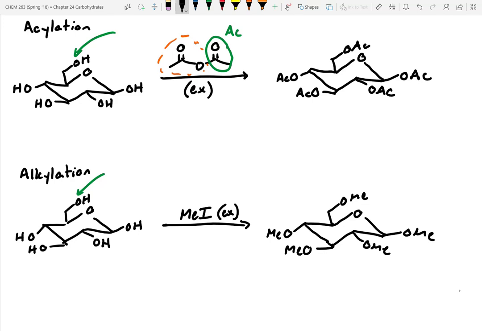However, you do need some sort of base around in order to soak up protons, because if you think about it, we're losing all of these protons on here. So we need some sort of gentle base to absorb all of those protons without doing any other acid-base chemistry. A good gentle base is silver(I) oxide.